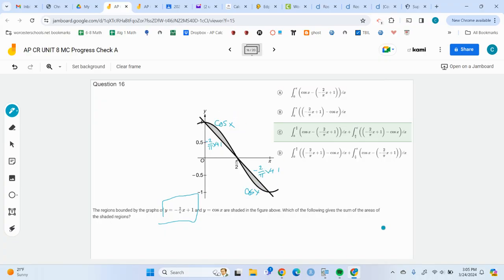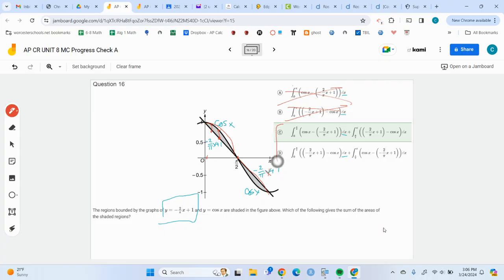Which of the following is a sum of, okay, so I want the shaded area. All of these are dx, so it's going to be top minus bottom. I'm going to subtract y values, so everything will have x's in it. So from 0 to pi over 2, you definitely can't do it all just from 0 to pi because the top curve at first is cosine, and then the top curve next is the negative 2 over pi x plus 1.